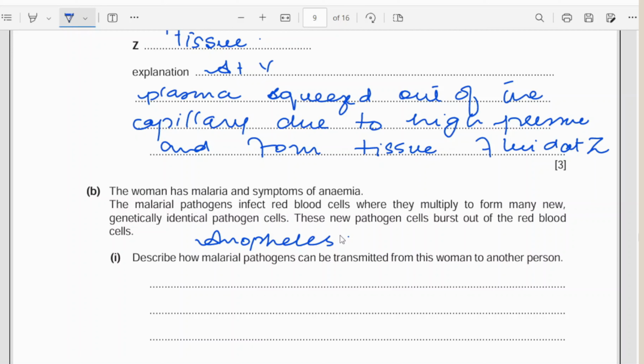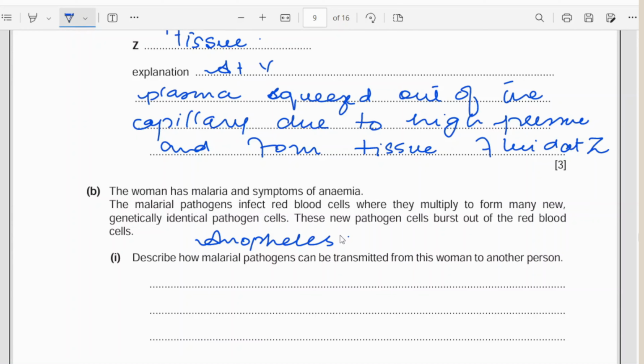Describe how the malarial pathogen can be transmitted from this woman to another person. You have to give the whole pathway. The female mosquito bites that woman and sucks up the blood of the infected woman. Through a vector; we have mentioned female Anopheles.